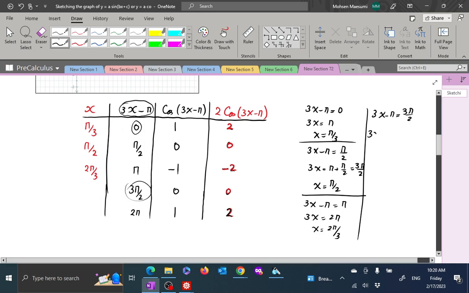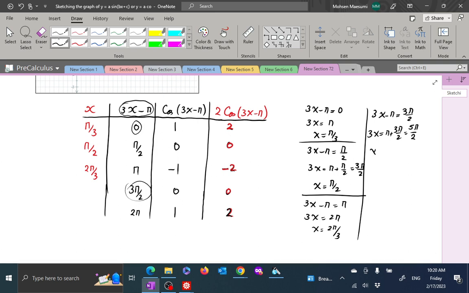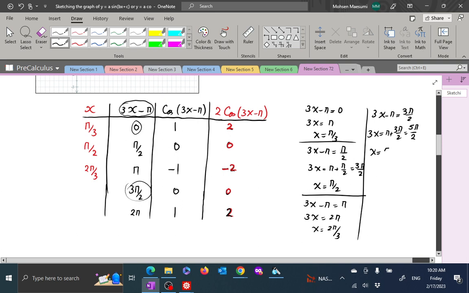So 3x is equal to pi plus 3 pi over 2. Take the common denominator. This becomes 5 pi over 2. Okay, 2 plus 3 is 5. So x is 5 pi over 6.